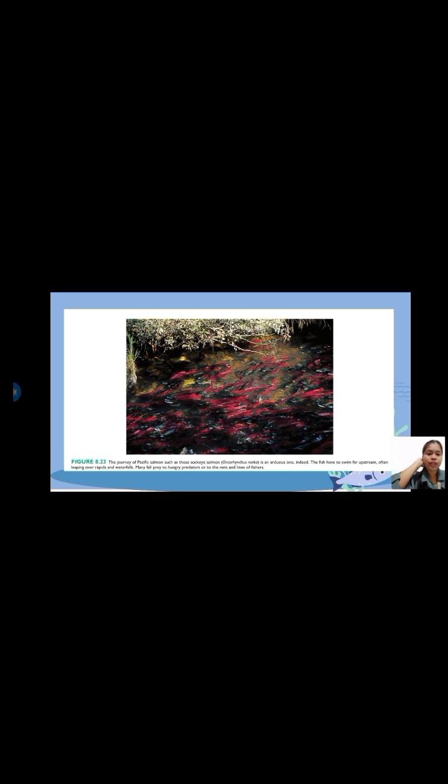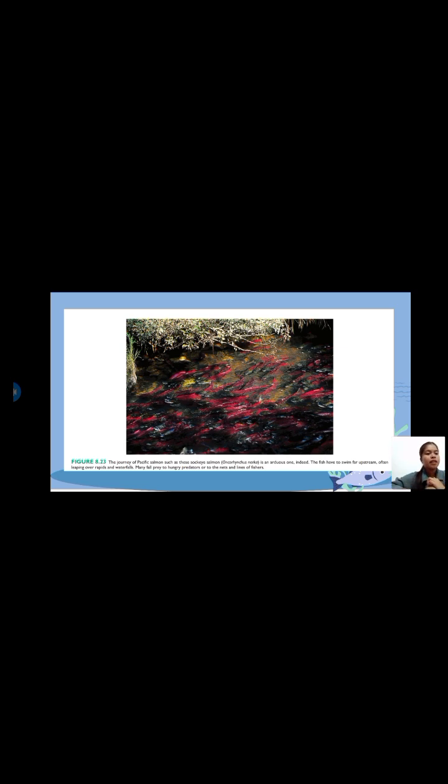So next is this is the journey of Pacific salmon such as the sockeye salmon or the Oncorhynchus nerka. So salmon is the anadromous fishes nga na ability nga makabalik sila ang gigikanan. So the fish have to swim far upstreams, often leaping over rapids and waterfalls.